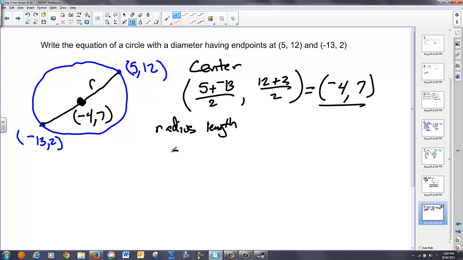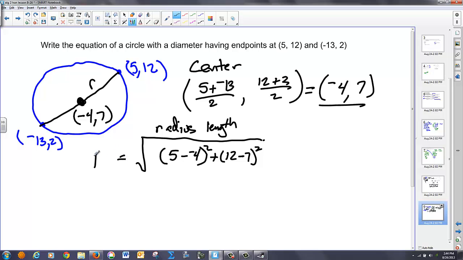I'll take 5 minus negative 4, square that, that's the difference of x's, 12 minus 7, square that, that's the difference of y's, and that's going to equal the distance, or the radius, of the circle.